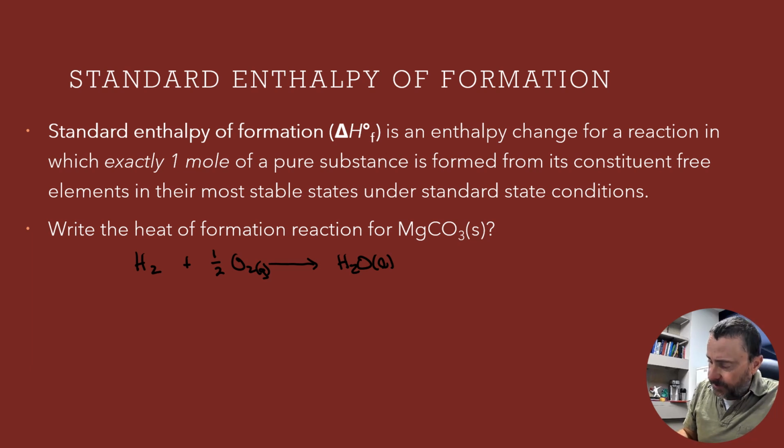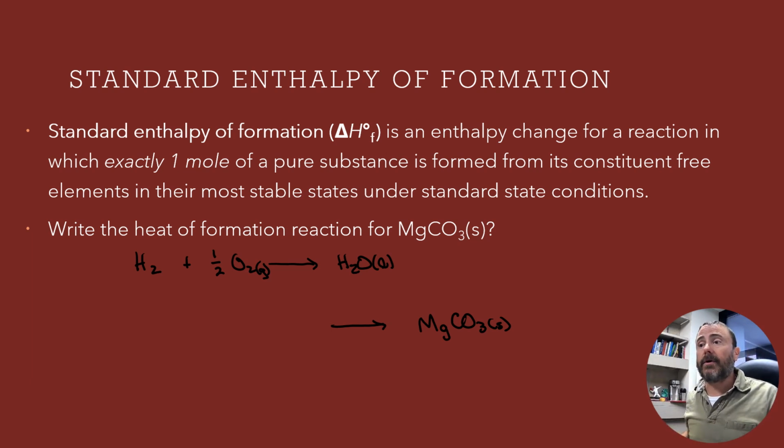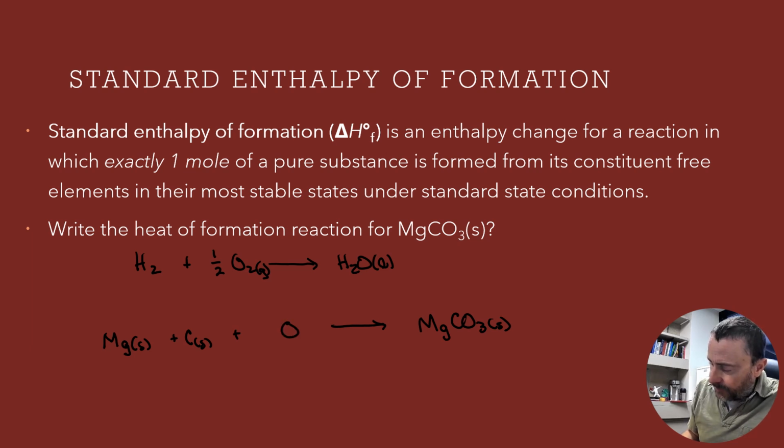So if I wanted to, say, form this magnesium carbonate, I've got my magnesium carbonate like so. All we're going to do on our reactant side is break this down into the individual elements. So I've got some magnesium, some carbon, and some oxygen, all of them in their elemental forms.